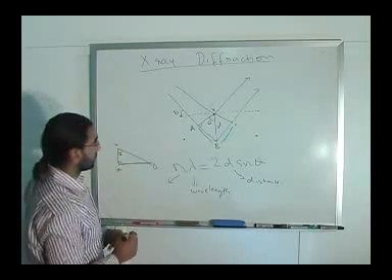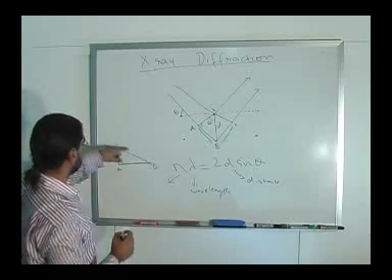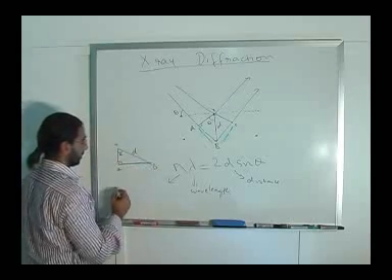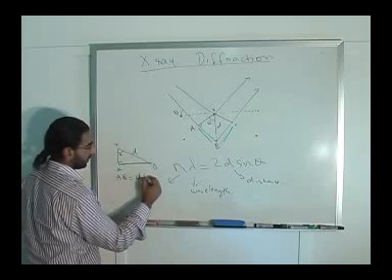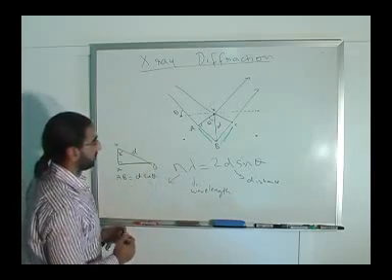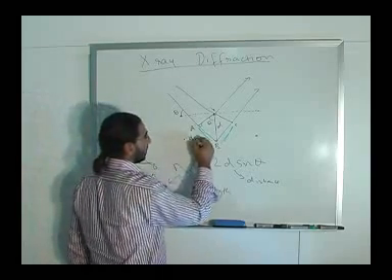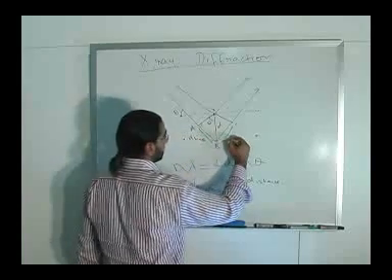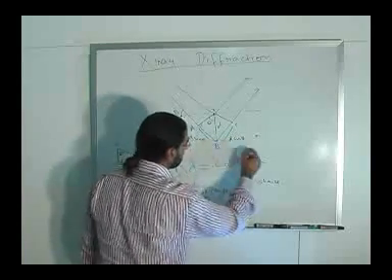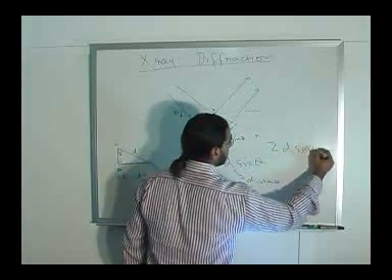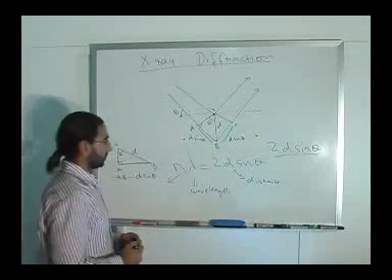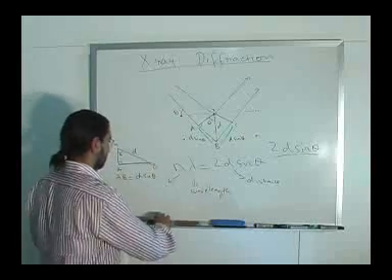If you look at this, we get XB, which is the distance, and AB equals d sine theta. So this distance turns out to be d sine theta, and this distance also turns out to be d sine theta. So the total distance that they travel is 2d sine theta. And that, in fact, gives us Bragg's law.